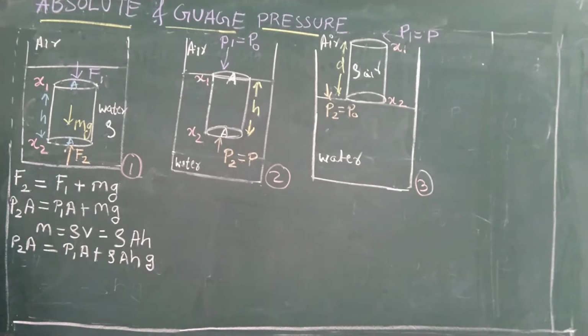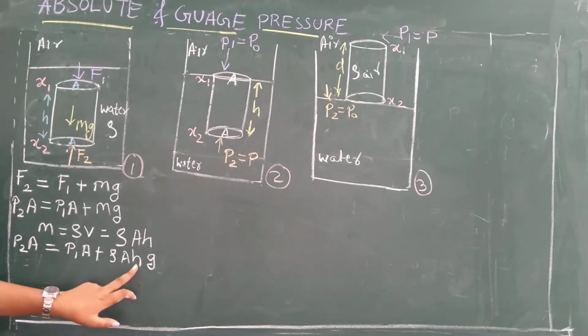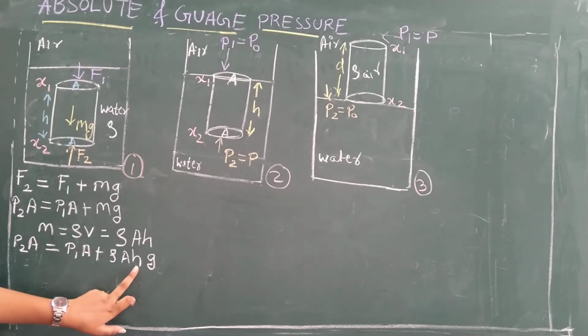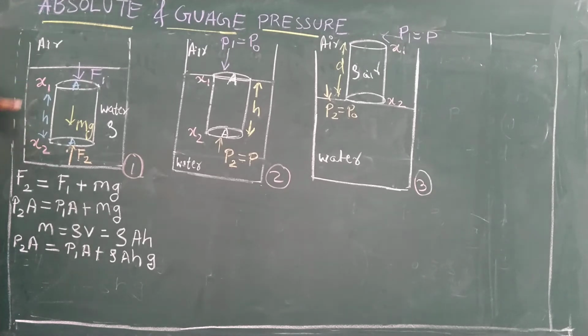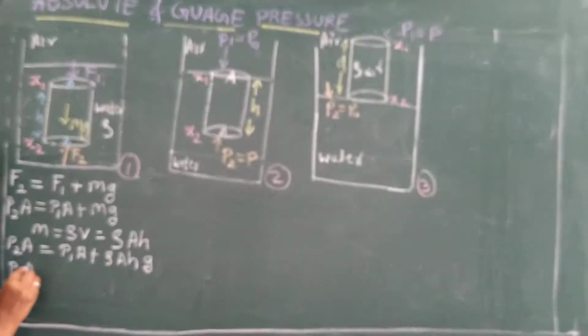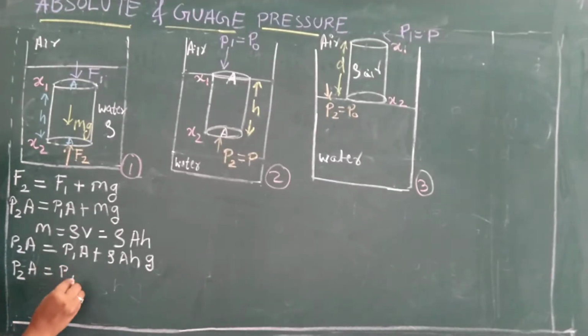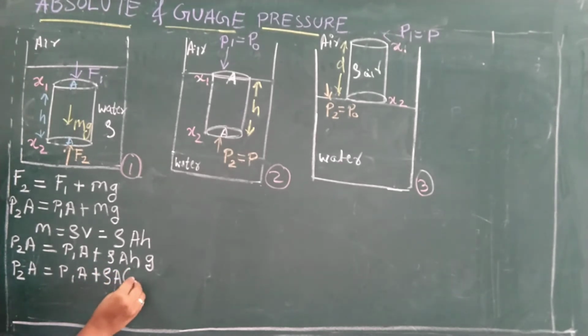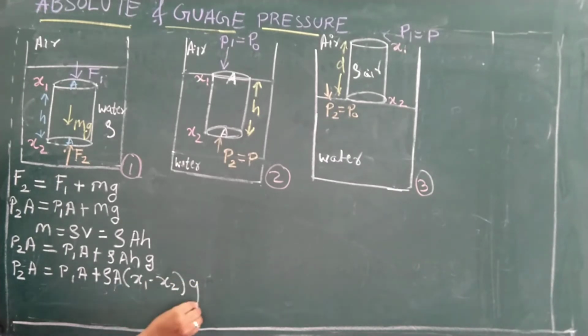Now here h, this height can be written as x1 minus x2, because x1 minus x2 will give me the height of this liquid column. So I can write here the equation P2A is equal to P1A plus rho A, instead of h, x1 minus x2 into g.